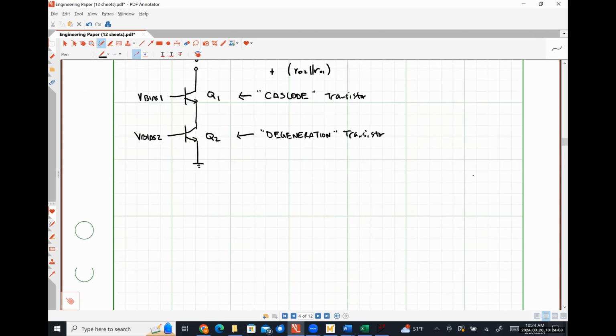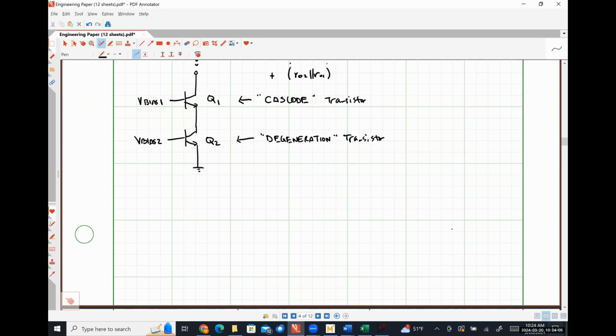Now, just for the sake of argument, let's look at a couple of configurations that would commonly be called false cascodes. So let's say that we had something like this.